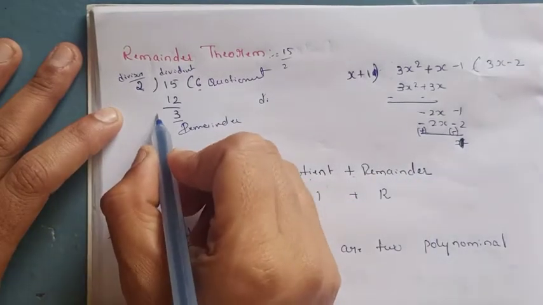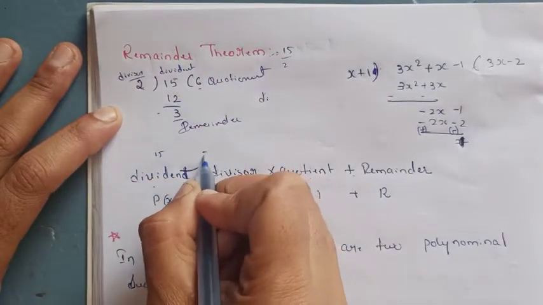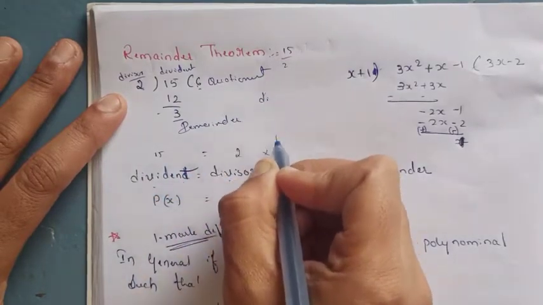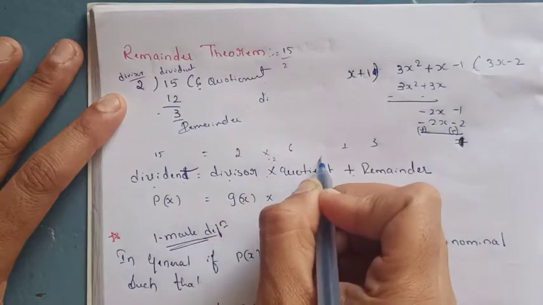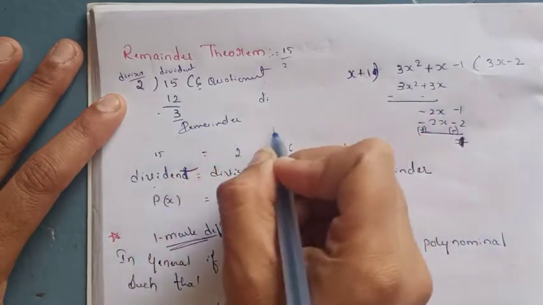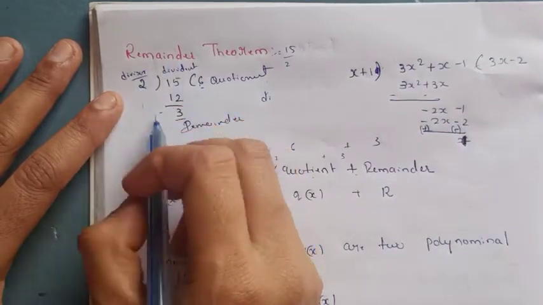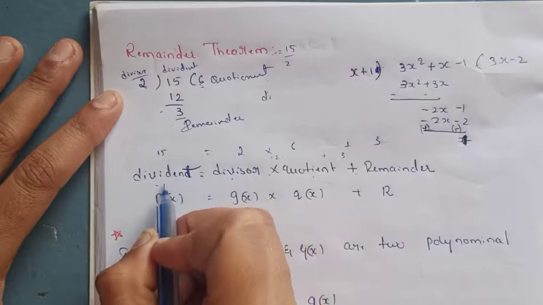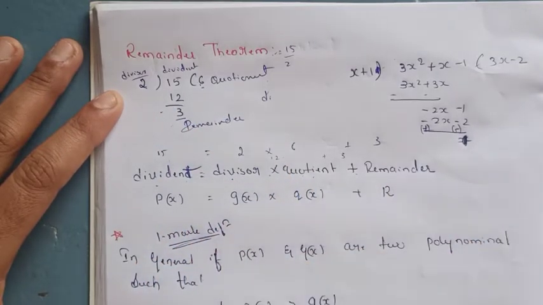Here dividend is 15, divisor is 2, quotient we got 6, plus remainder we got 3. 12 plus 3 is 15 equals 15, and only then you will tell this problem is correct. By using this formula, dividend equal to divisor into quotient plus remainder.